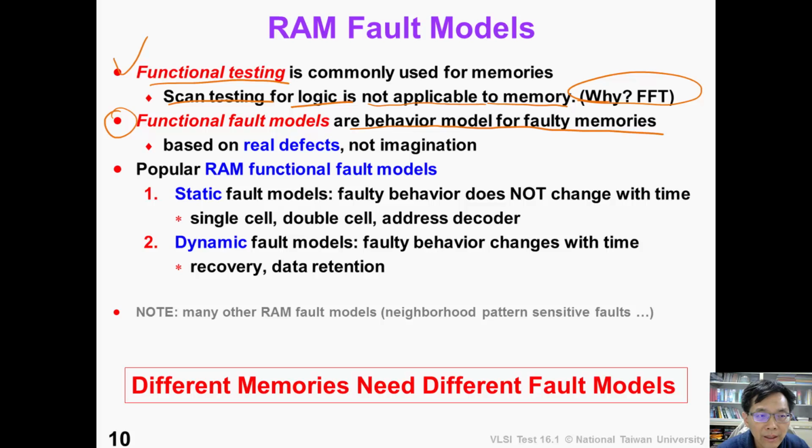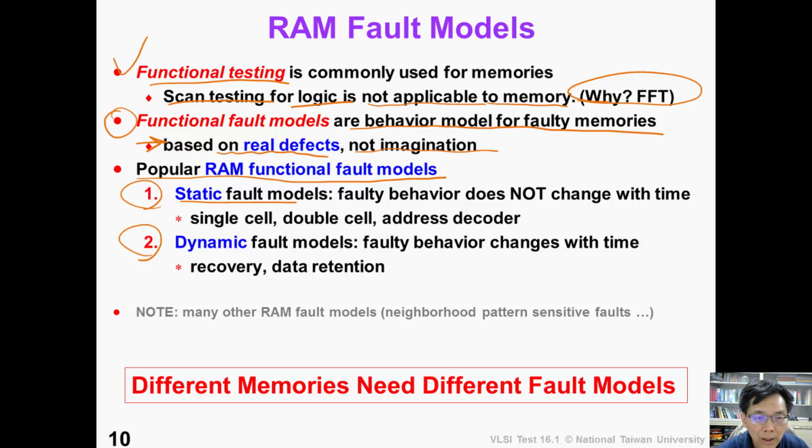For meaningful testing, we need functional fault models based on real defects, not imagination. There are two types of popular RAM functional fault models. The first one is static fault models, the other one is dynamic fault models.